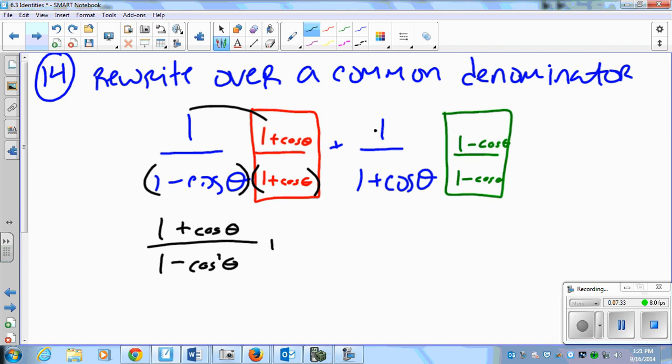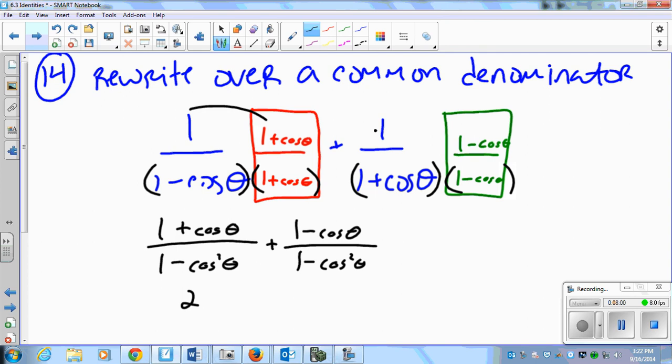Over here, these are difference of squares, so I get 1 minus cosine squared theta. Common denominator, what was my goal? And then on the numerator, I get 1 minus cosine of theta. Well, notice I can add these up, and I get 1 plus 1, which is 2.